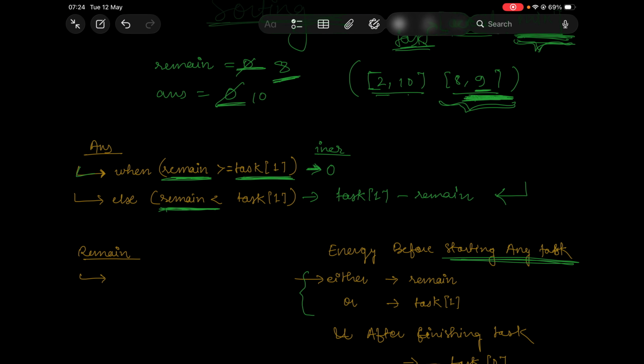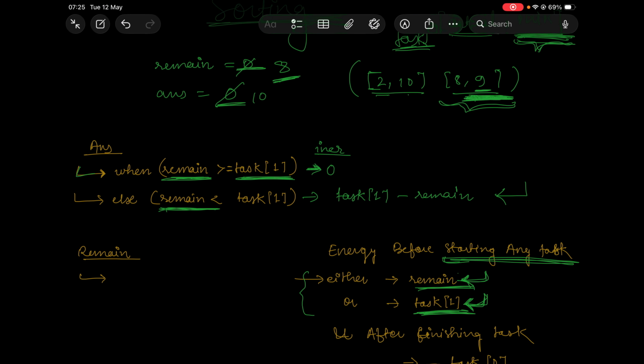If remaining is greater than the minimum energy, then the energy in our hand before starting is the remaining. If the remaining is less than what we need, then task[1] needs to be the energy before we start. So whenever we start any task, at minimum, task[1] is the energy that is required.